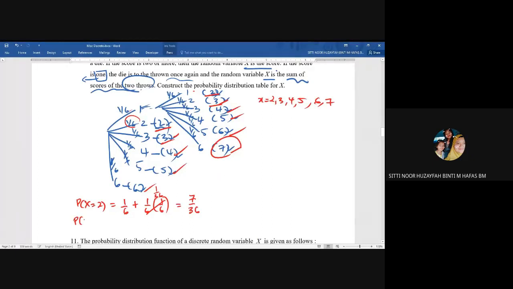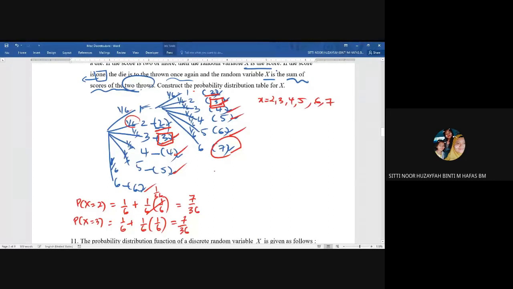Now we have to find x equal to 3. Where is x equal to 3? Here, which is 1 over 6, plus here, 1 over 6 multiplied by 1 over 6, because we have to throw 2 times, right? So it's a multiplication between the conditional probability and the probability of the first one. So we will get the same value.